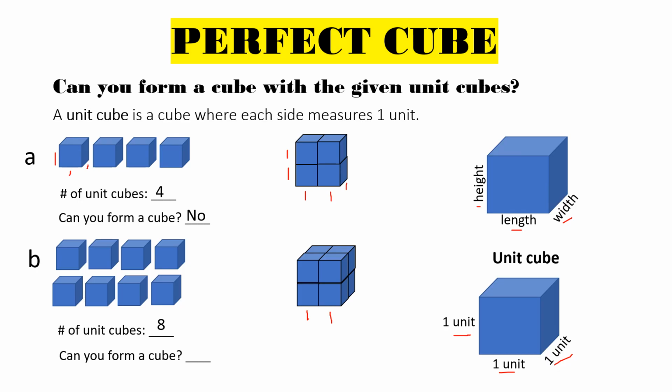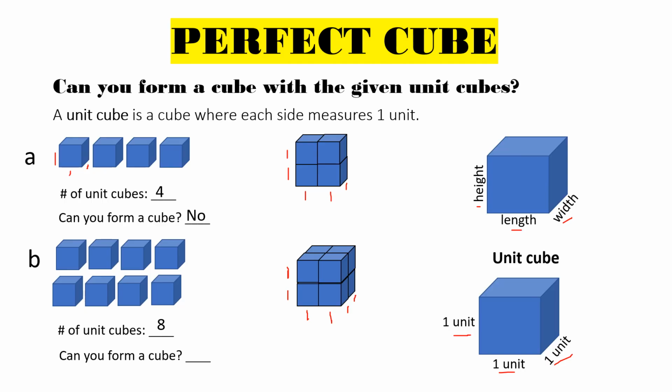For our height, 1 and then 1, so this will be 2 units for our height. And for our width, let's see, 1 and then another 1, so that would be 2 units. Therefore, class, we can form a cube with this given letter B. So our answer, class, is a big yes.